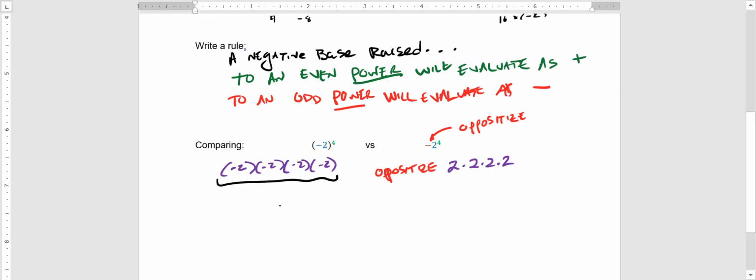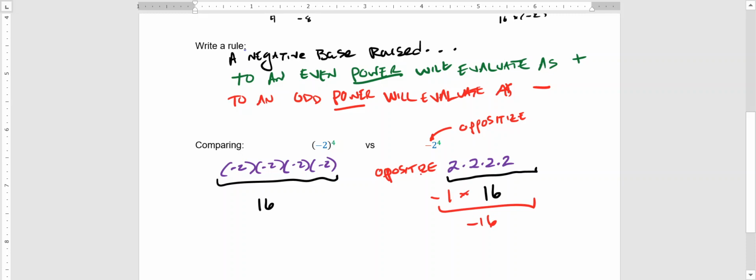So here we know we're going to get 16. Here we're going to get 16 to begin with, but to oppositize really means to multiply that further by -1. So by the time we are all done, we get -16.